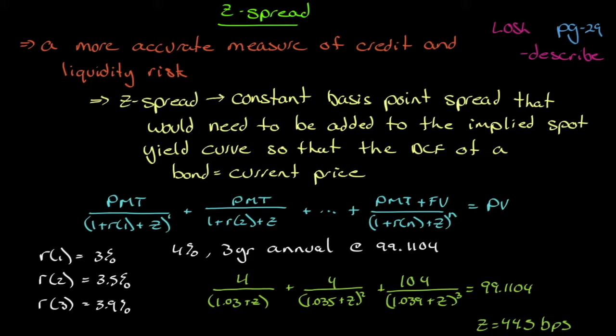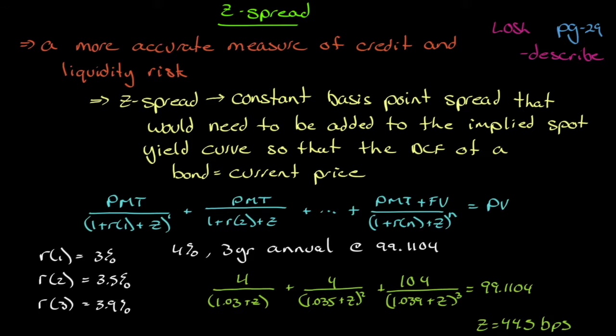So we've already introduced the concept of a spread to try to capture a measure of credit or liquidity risk, the swap spread. Let's look at some other spreads and see if we can do a better job at that. And we can move to a Z-spread, a zero volatility spread, which is a more accurate measure of credit and liquidity risk because it can be tailored to every specific bond.